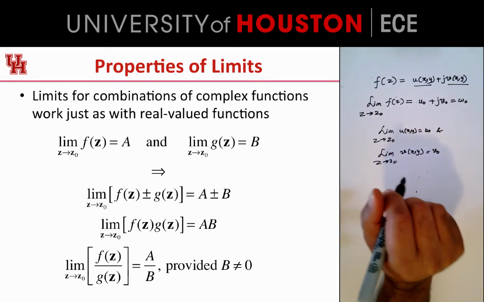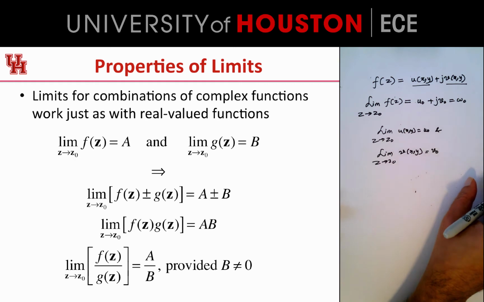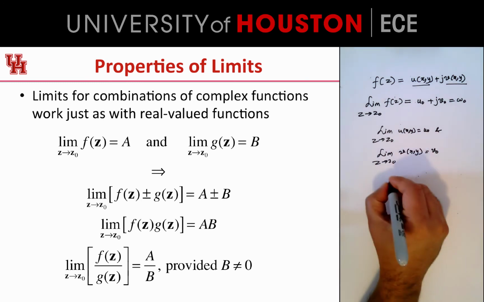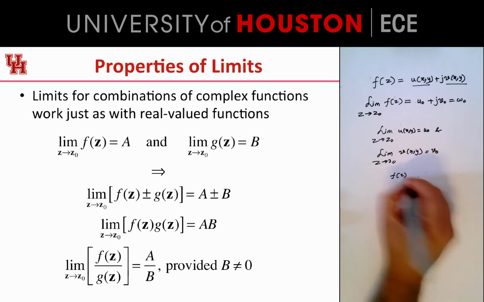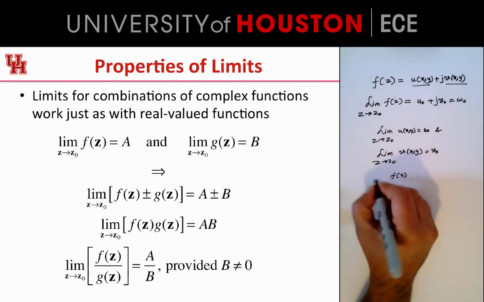So let's look at some of the properties of limits, and these properties are helpful to us because we can take advantage of them to make our job easier. Suppose you have two functions, f of z and g of z, and suppose their limits exist.